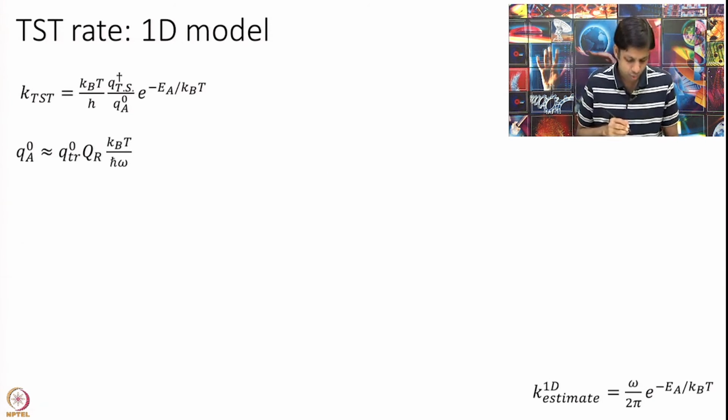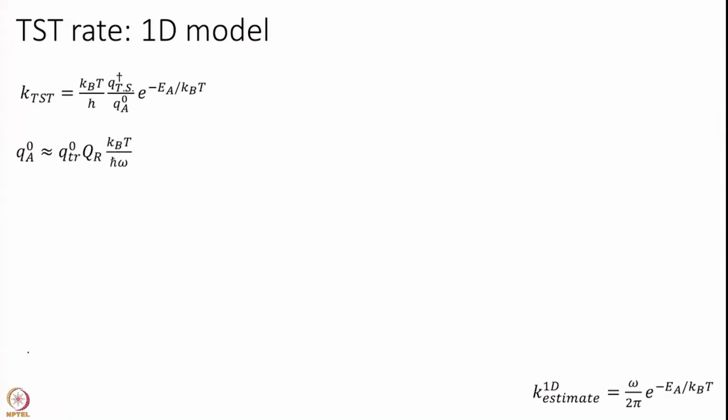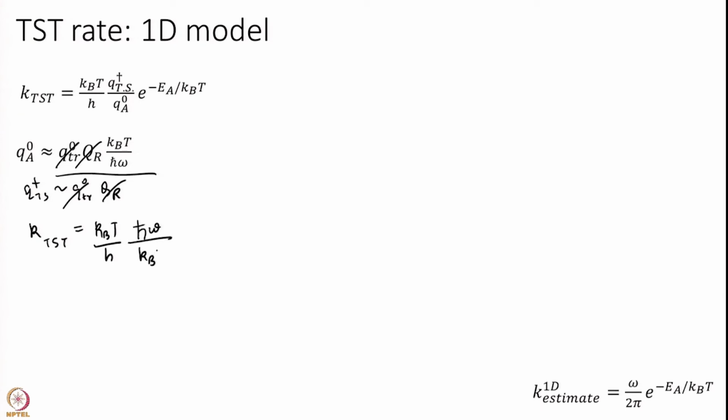So, I have got QA naught as some Q translational into Q rotation into kT over h bar omega. Q transition state is the same as QTR naught into QR. So, k TST, if I divide the two, first of all I have kT over h, and then if I divide the two, this will cancel and this will cancel, and I will be left with h bar omega over kBT.